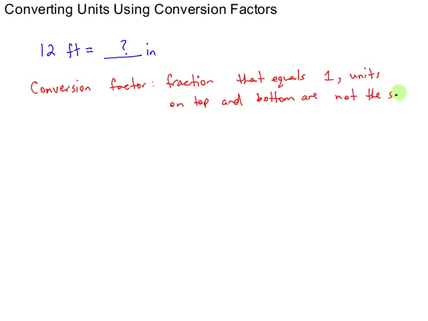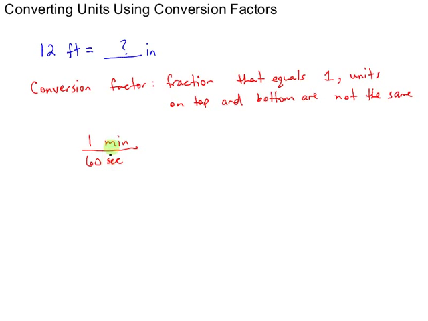So we're comparing units that are not the same, but when you look at the fraction, it equals 1. So, for example, one conversion factor might be 1 minute divided by 60 seconds, right? 1 minute is equal to 60 seconds.